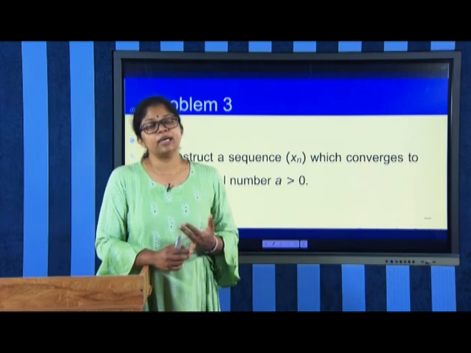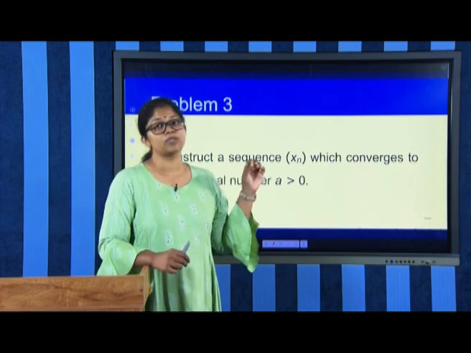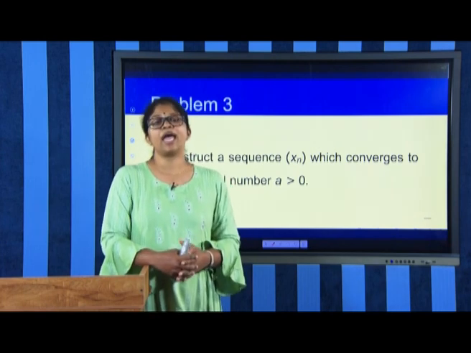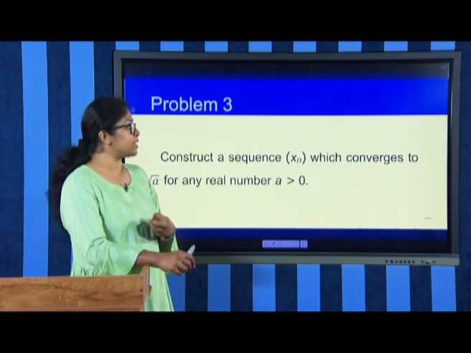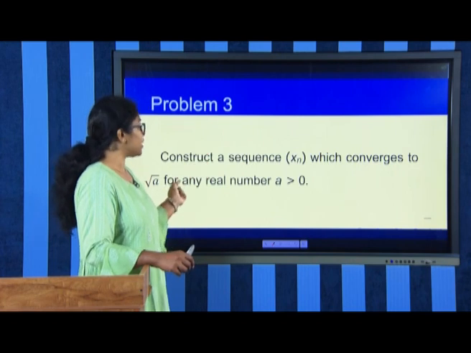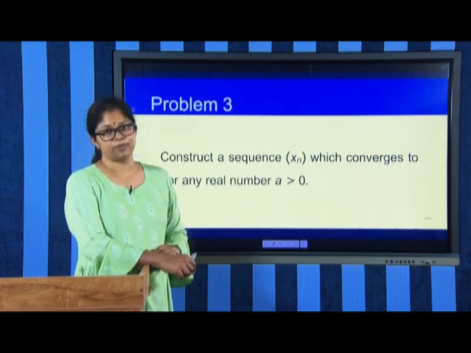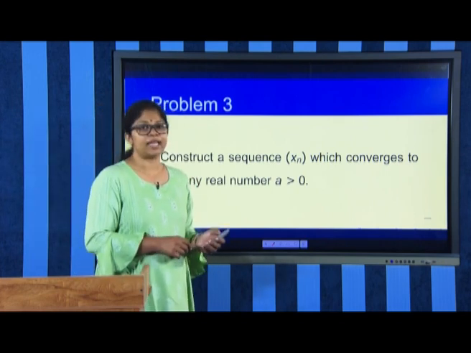We have seen the existence of the square root of 2, and now in this method we can construct a sequence xn using the monotone convergence theorem and show that it converges to the square root of a for any real number a greater than 0. So, that is the importance of the monotone convergence theorem.